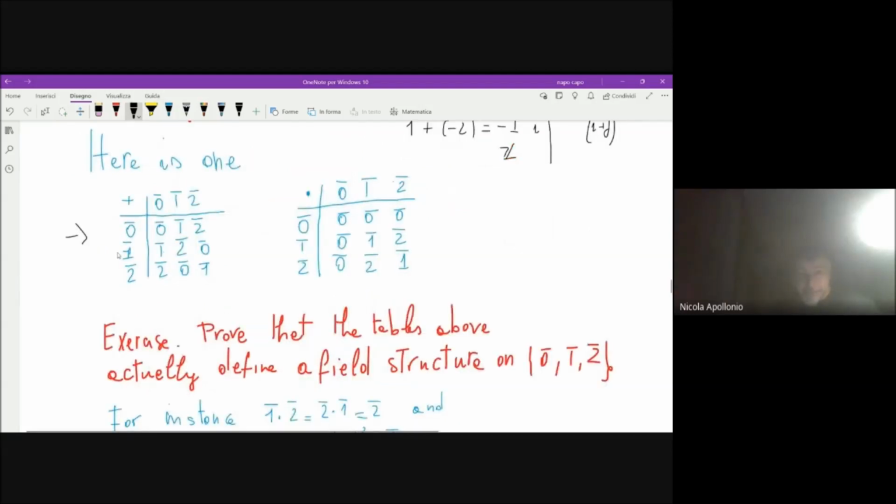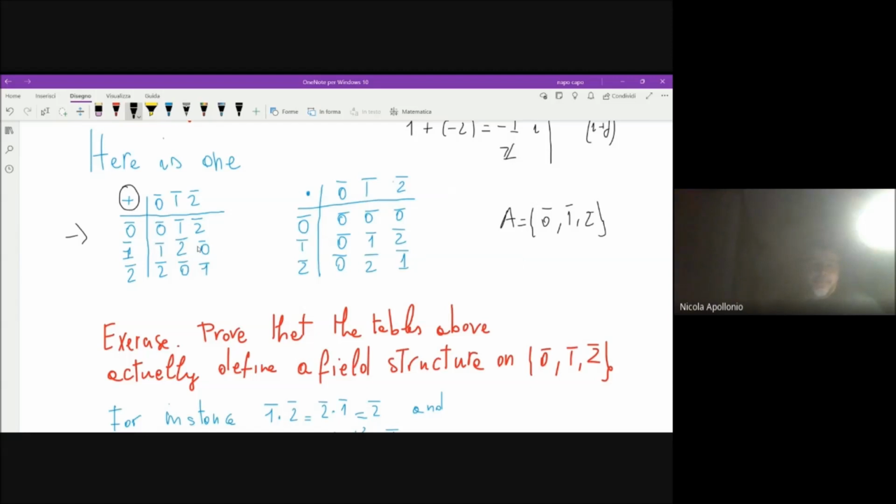For instance, you can pick these three strange symbols here, 0 bar, 1 bar, 2 bar, both on rows and columns. And this is the operation of addition in this strange set 0, 1, 2.